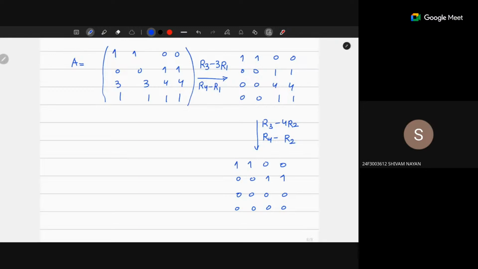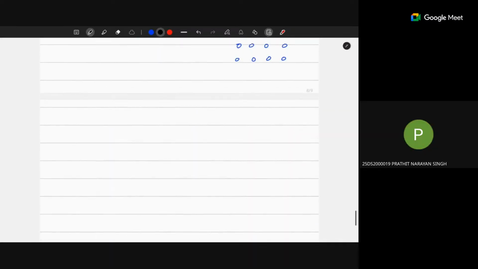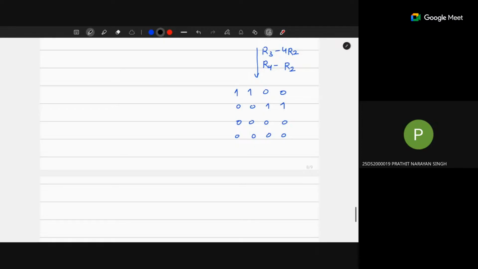So this is the row reduced echelon form. Now what are the dependent variables? Two dependent, two independent. Does everyone agree with that? Yes, sir. Good. So the nullity is 2 and the rank is 2. That is clear. So let me write down: nullity is 2, rank is 2.